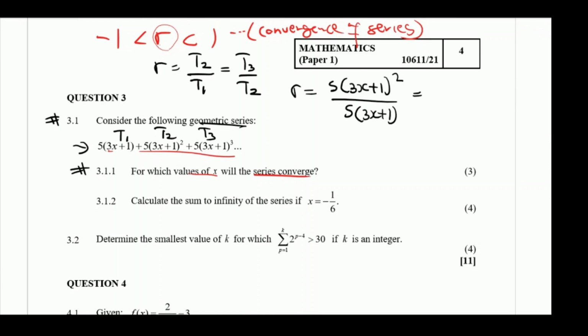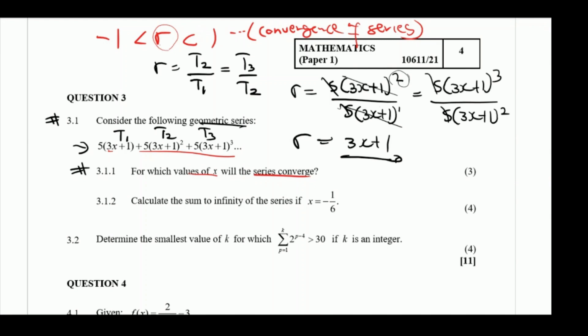The ratios must be equal for us to confirm that that is actually the ratio we're looking for. So here it's term 3, 5 into (3x+1) to the power 3, over 5 into (3x+1) to the power 2. So if you can see here, these are similar so they divide out, and these are similar only because this one is squared and this one is 1. So you'll remain with 3x plus 1. So this is going to be your R on both sides.